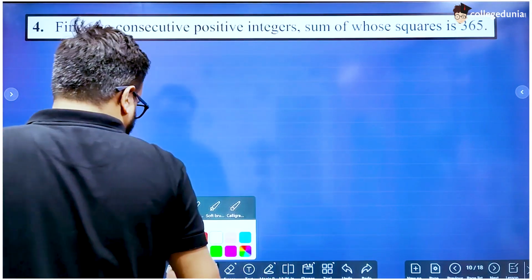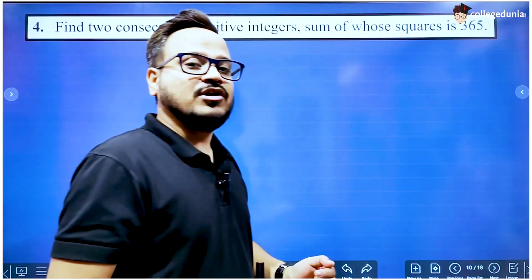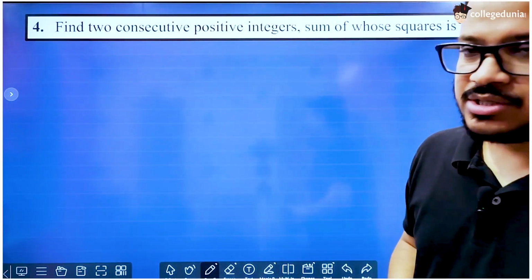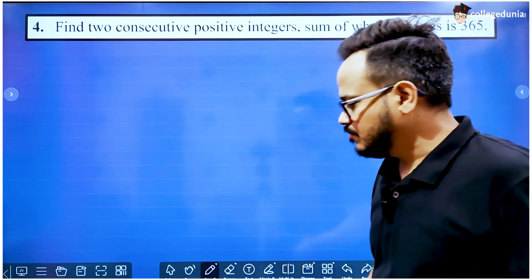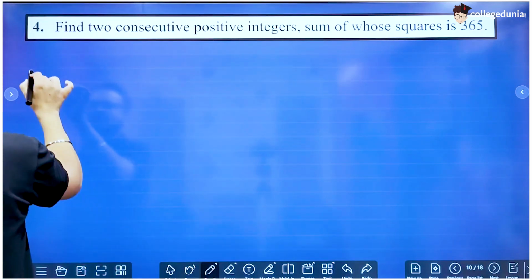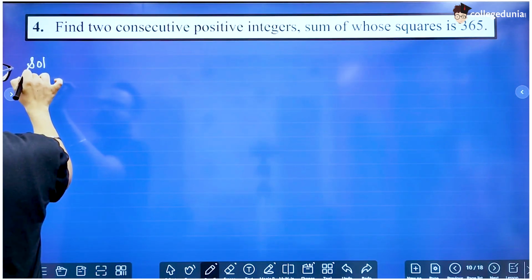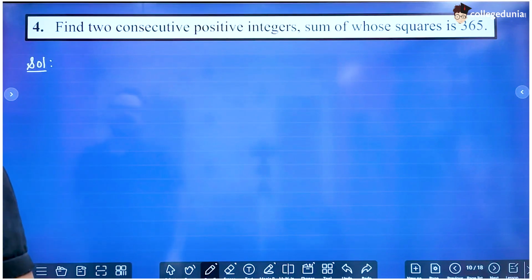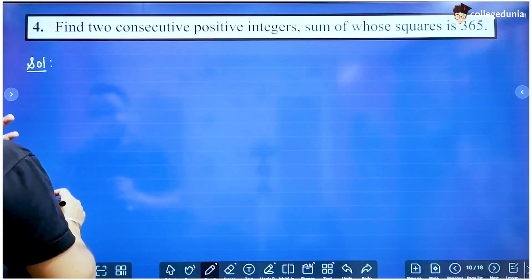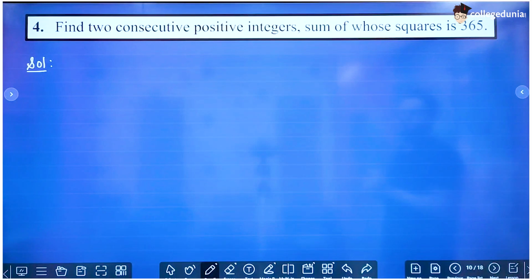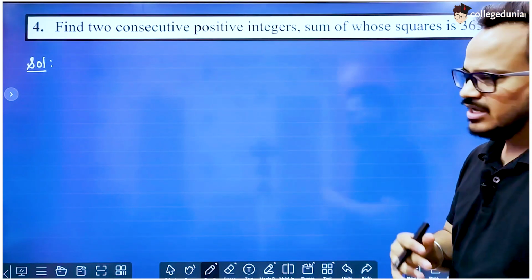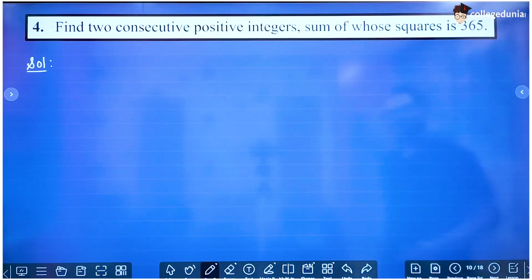Okay, now let's discuss some more word problems, but now we will also solve the quadratic equations. In previous word problems, we just made the quadratic equation but did not solve it, but now we will solve it also. So let's start. Find two consecutive positive integers, sum of whose squares is 365. So we have to find two such positive integers, consecutive, एक के बाद एक वाले, and sum of whose squares is 365.